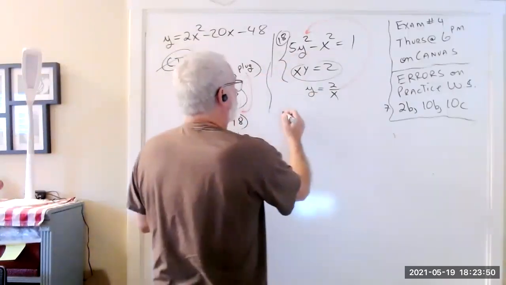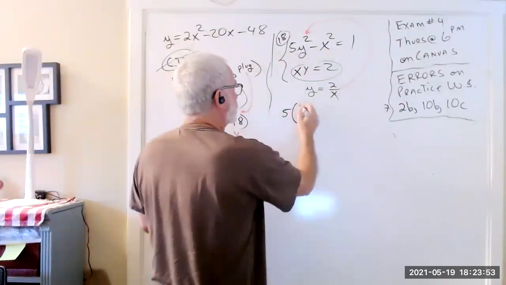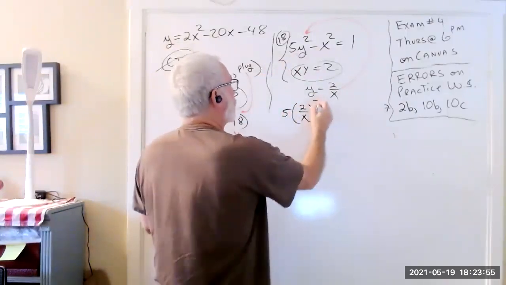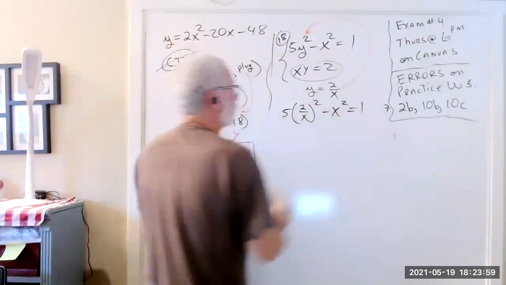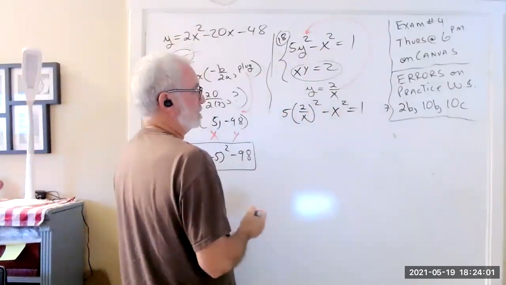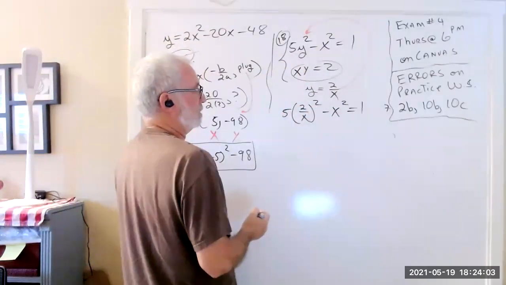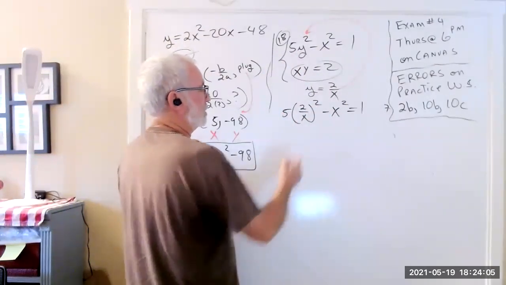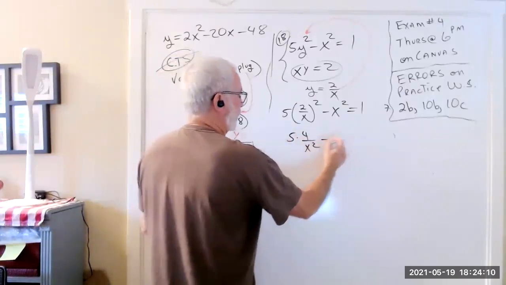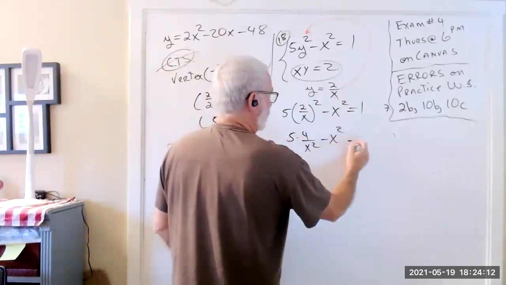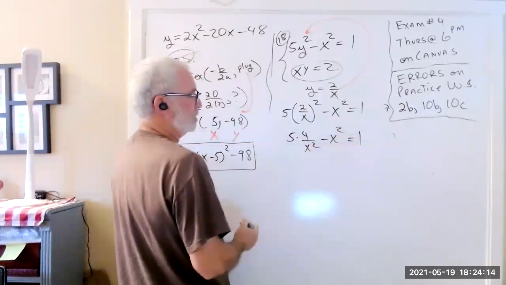So then we have 5 times 2 over x quantity squared minus x squared equals 1. Yes or no? Yes. So this would be 5 times 4 over x squared minus x squared equals 1.